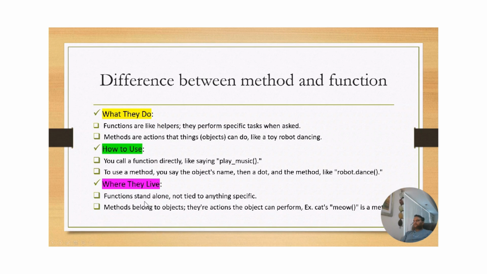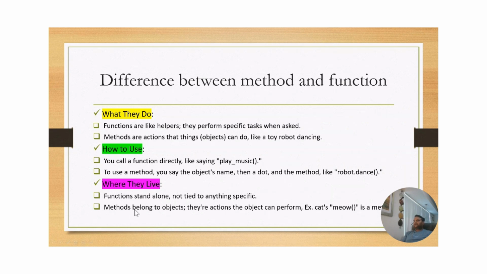Now, where they live: functions are standalone. As I mentioned, you don't need to specify any object to call a function, okay, and they are not tied to anything specific, like print and type. These are functions, and to call them, you don't need anything specific. You can call these functions on whatever you want.